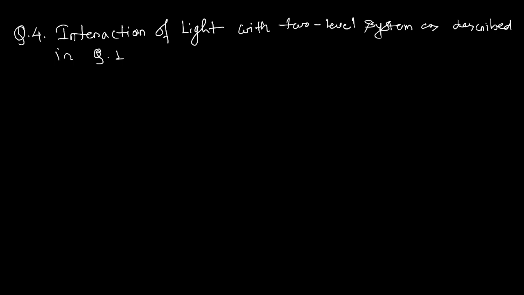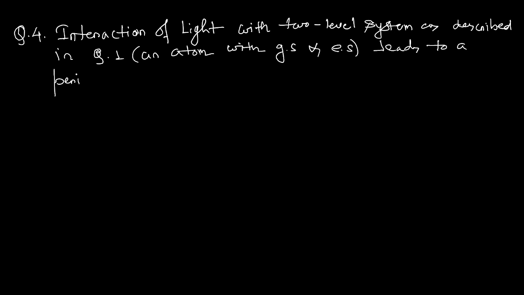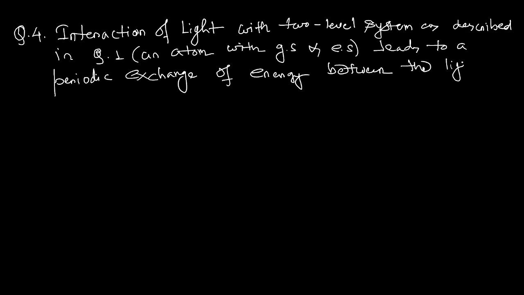Number 1, an atom with ground state and excited state leads to a periodic exchange of energy between the light field and the two level system.